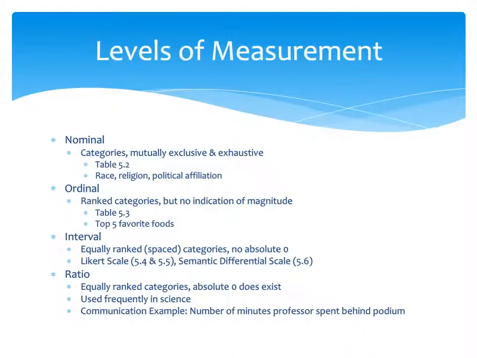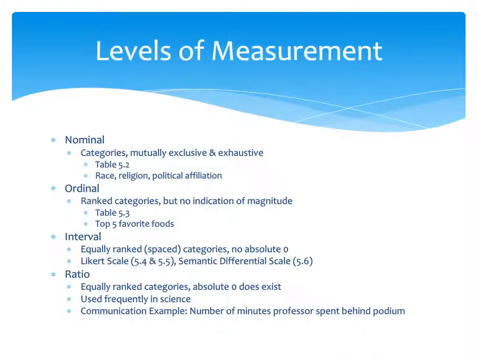The book talks about unidimensional and multidimensional variables here, and we'll talk about that later in our time together. So just read over that, familiarize yourself with it, but don't spend a ton of time on it. I'm not going to walk through a bunch of examples of interval level data here because the textbook does such a great job with it. So take a look at tables 5.4, 5.5, and 5.6.